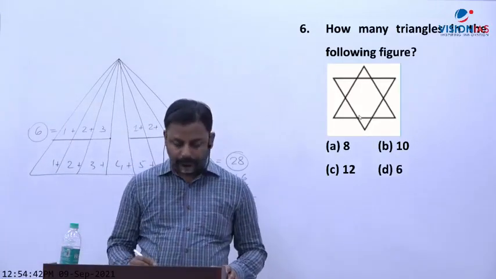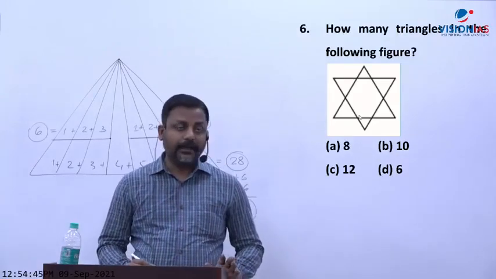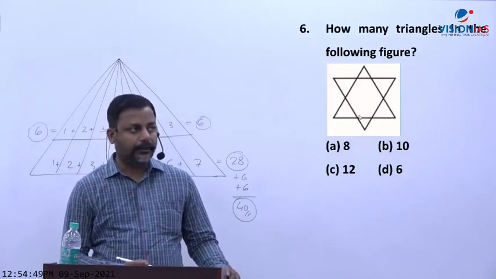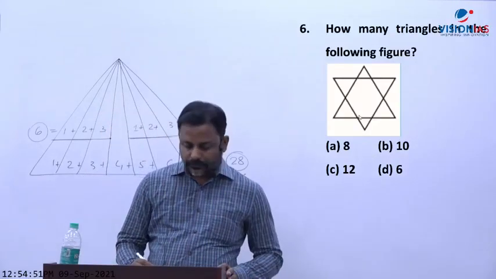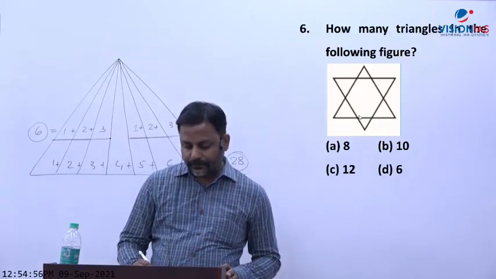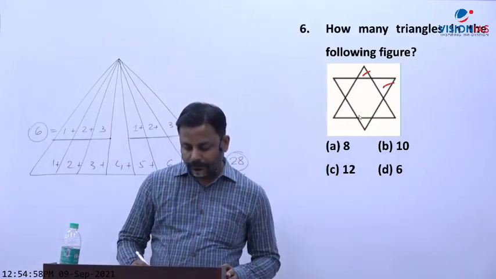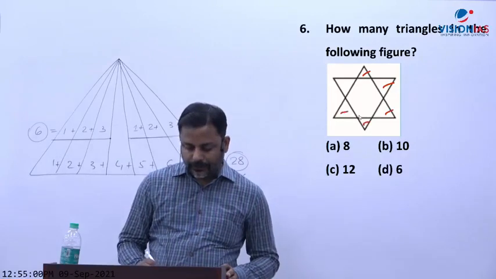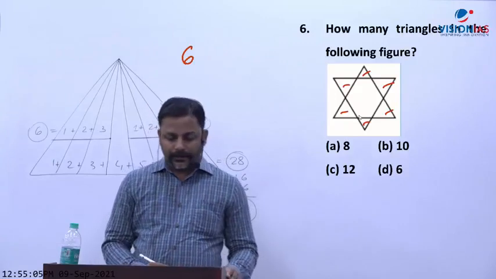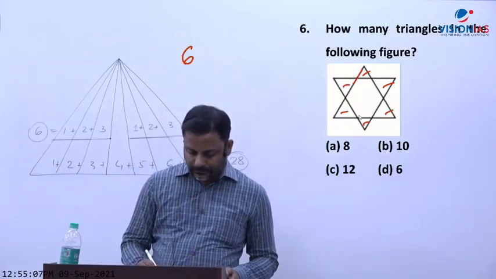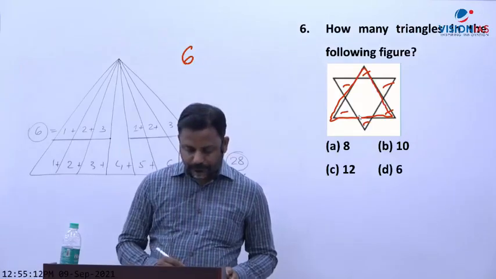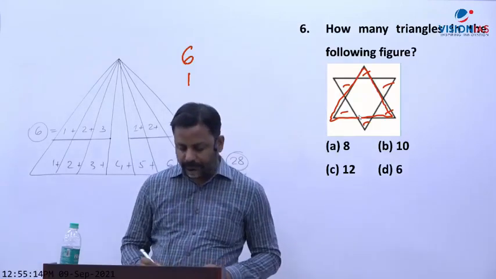See, here we have to count manually. So, let's count the smaller triangles first. So 1, 2, 3, 4, 5 and 6. Now count the larger one like this. This is a triangle. 6 plus 1, 7.